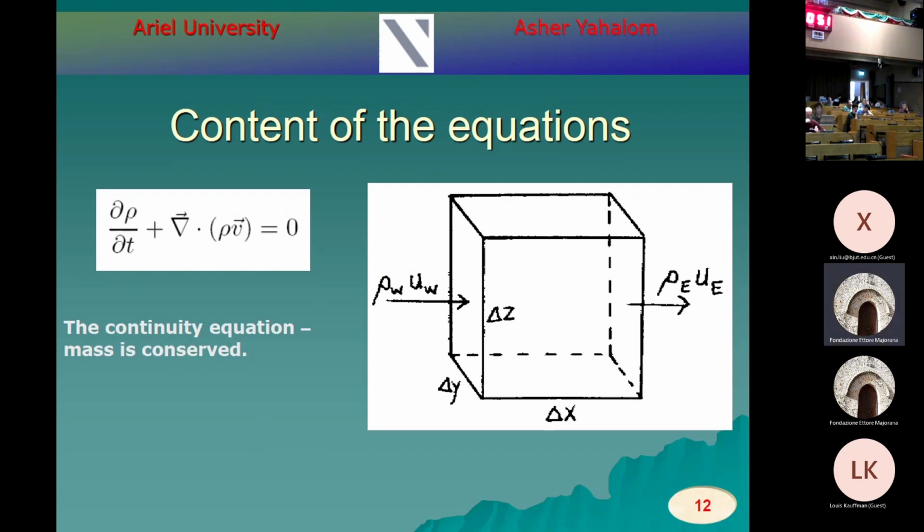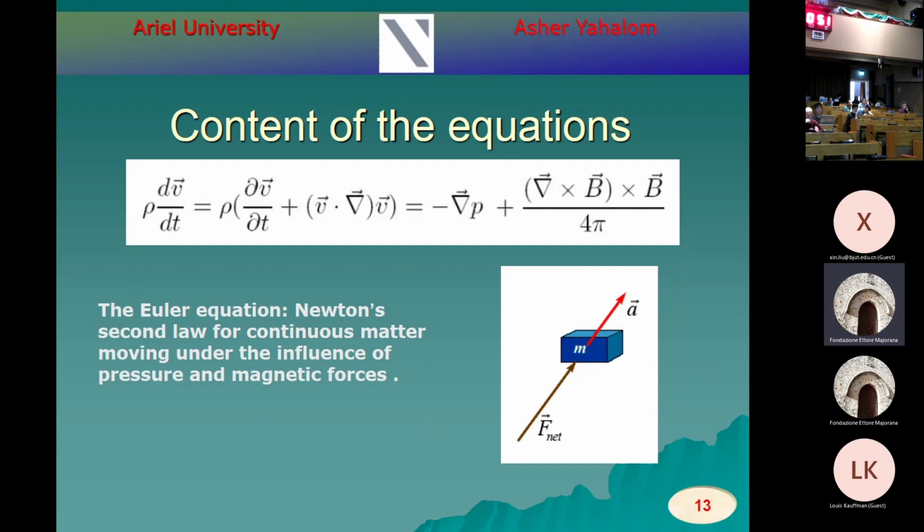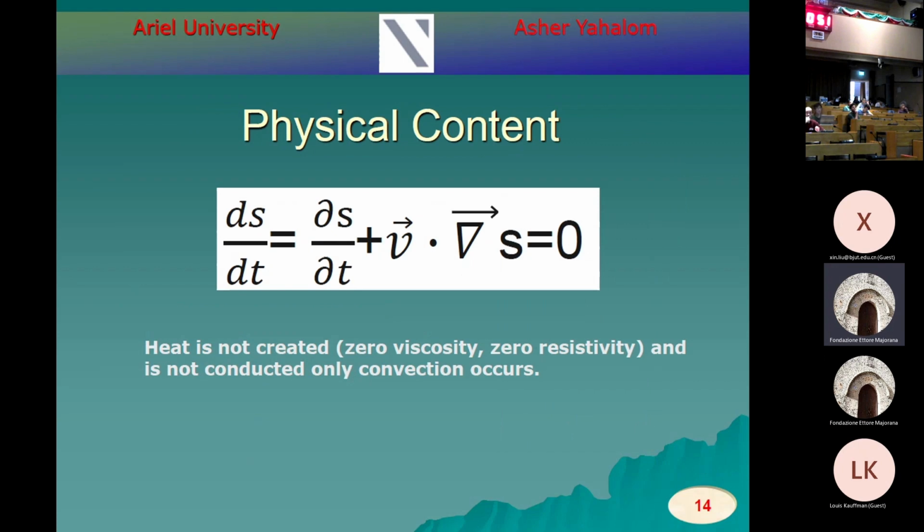Mass is conserved, and this is just Euler equation, which is Newton's second law for a continuous matter moving under the influence of pressure and magnetic forces. This we already discussed. No viscosity, no resistivity, so heat is just convected.